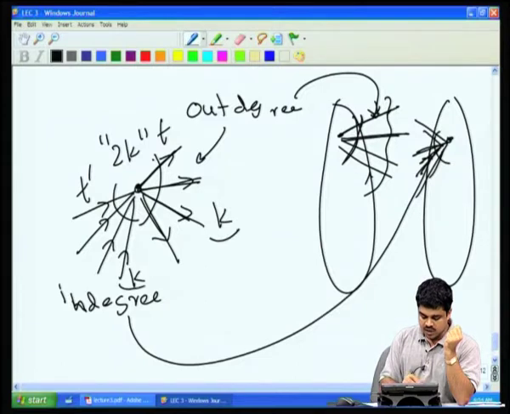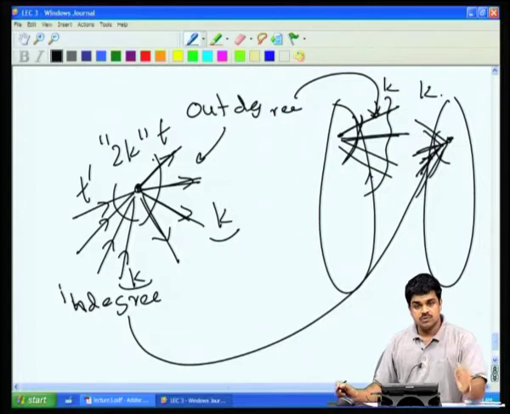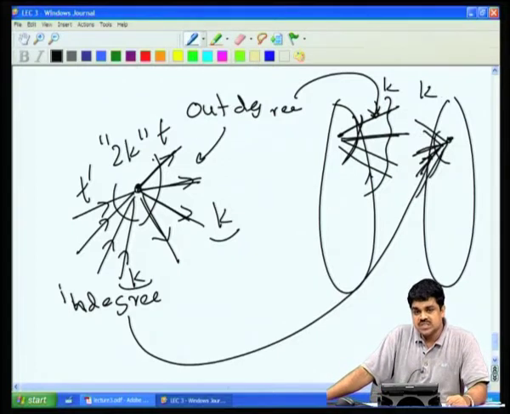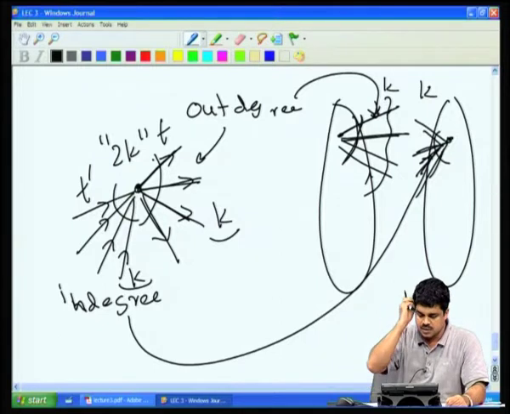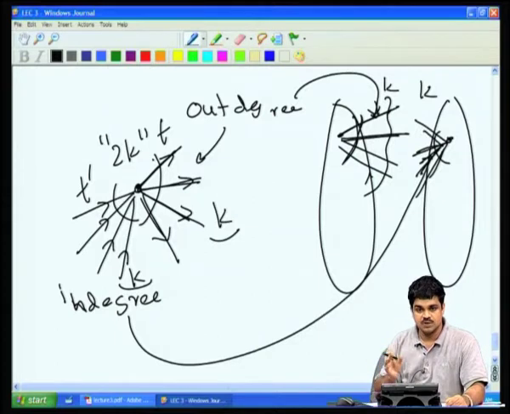In other words, the question is: is it possible to give directions to the edges of the original graph in such a way that in the directed graph, for each vertex, the out degree is equal to the in degree, and that is equal to k, because each vertex has a total of 2k incident edges? Can I make in degree equal to out degree equal to k for each vertex?